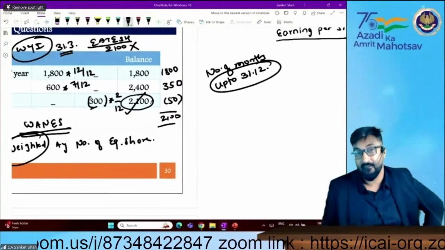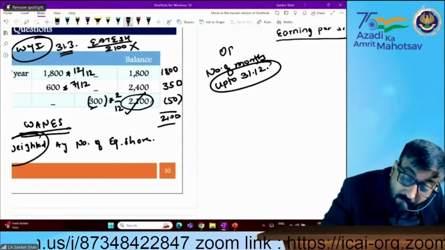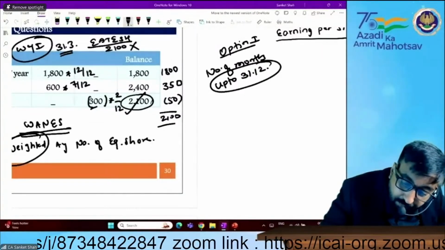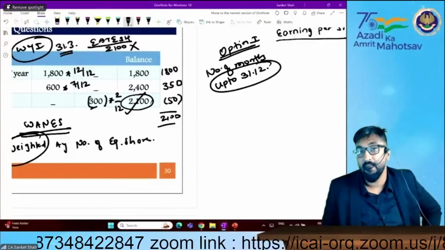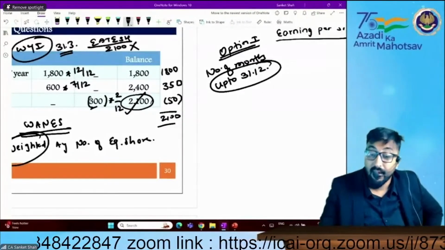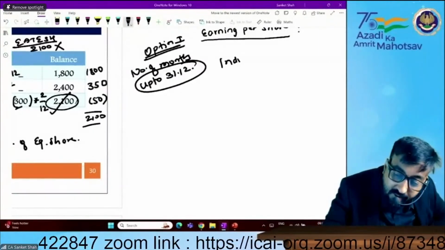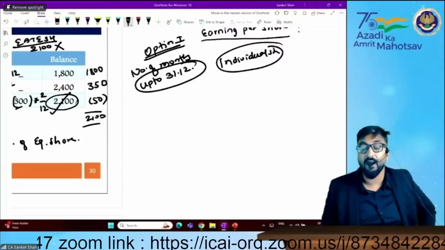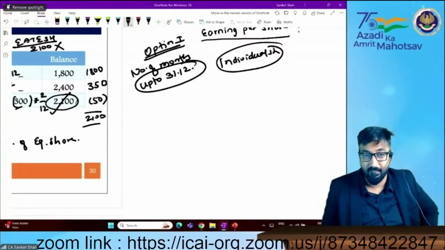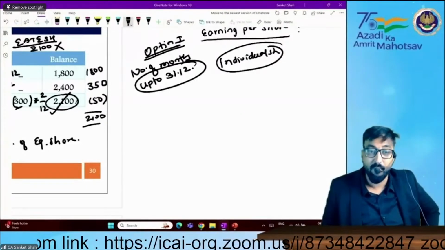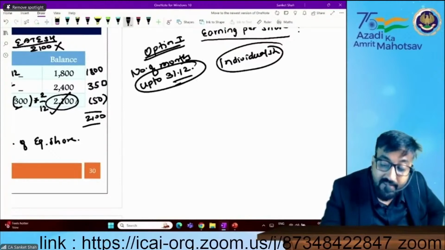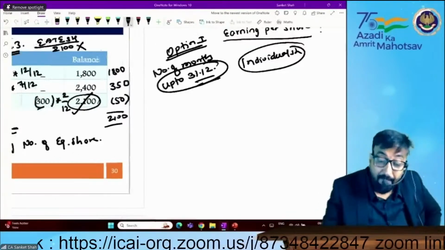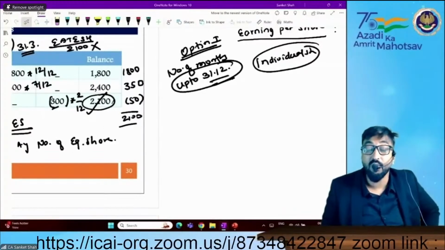This is option number 1, where you consider individual shares multiplied by their respective holding period. For the buyback, the holding period is up to 31st December. You deducted up to 31st December, so 10 months you won't consider.